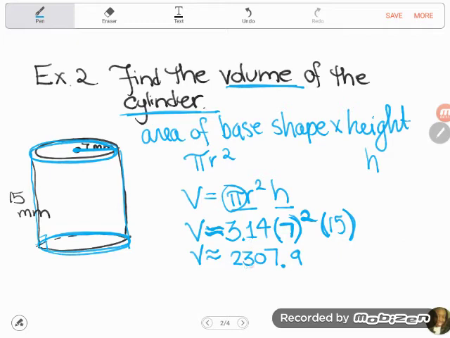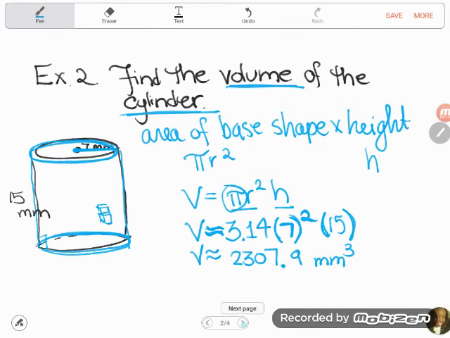So I get 2,307.9, and it's 2,307.9 what? Well, again, your millimeters have got to be cubic because you're filling. You can imagine filling this shape with little bitty cubes stacked one on top of the other. It's cubic millimeters. Okay, great. So that's the answer on that one.